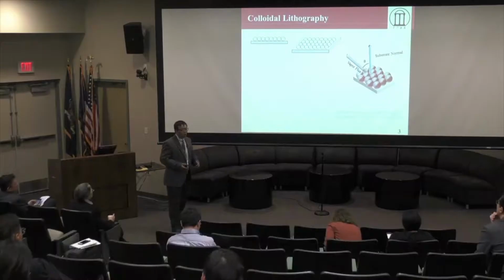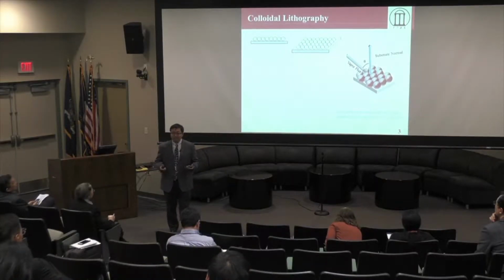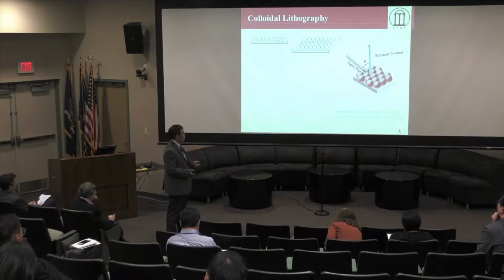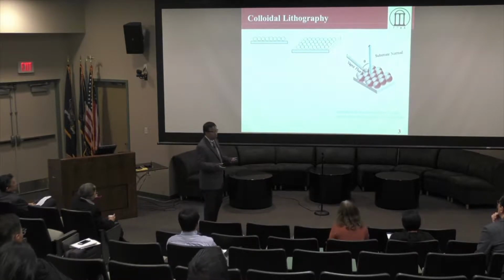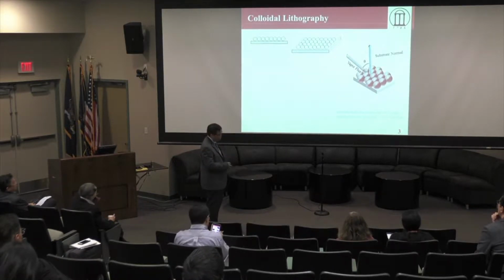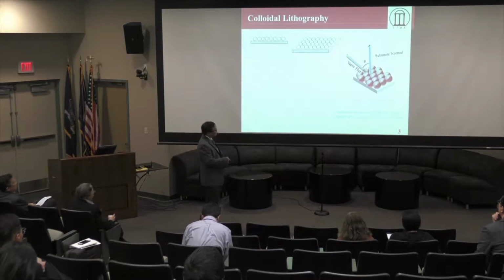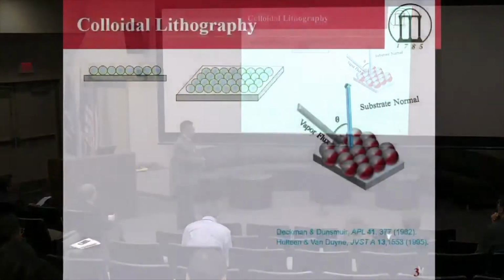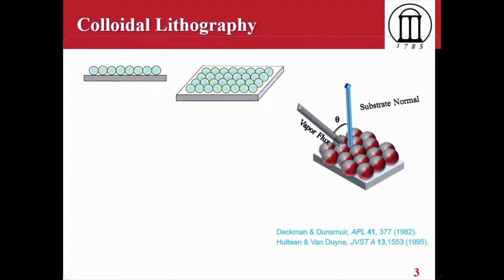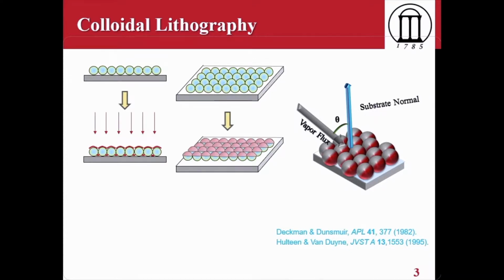So colloidal lithography is a very simple concept. It was coined in 1982, the first paper published in APL. Essentially, you put monolayers of close-packed colloids, especially polystyrene beads or silica beads. You can use it as a mask, and then you can perform thermal evaporation or e-beam evaporation or sputtering or whatever.